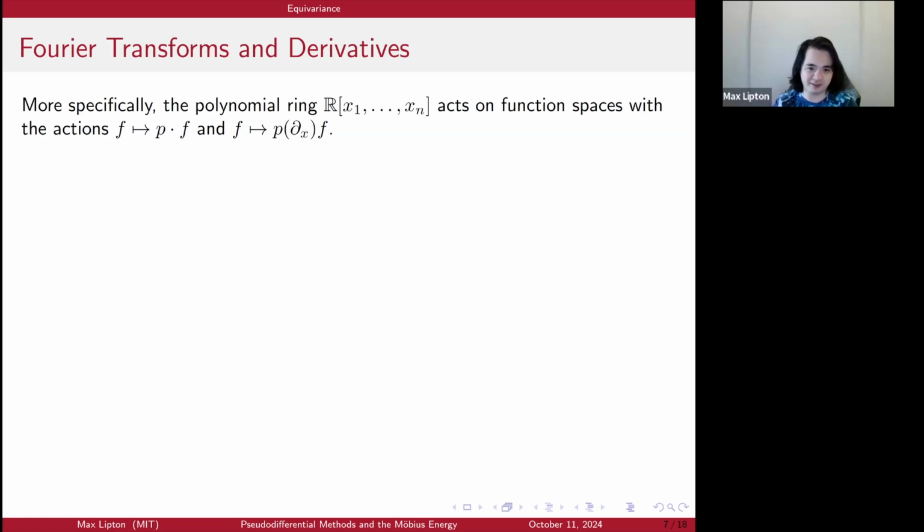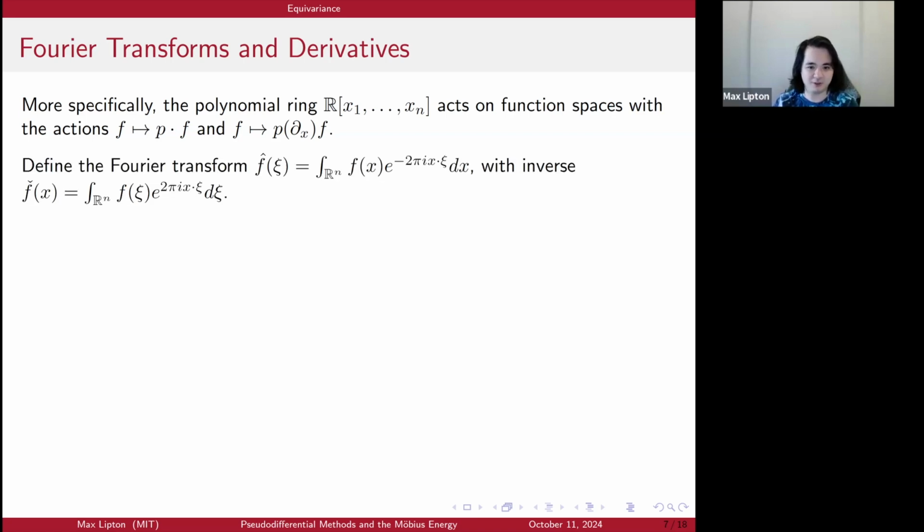So we have these two different actions. And also just recall we have the Fourier transform where, given a function, we can convolve it with the exponential e^(-2πi x·ξ), or its inverse transform. And so, in other words, we get these two functions that switch variable names from x to ξ.